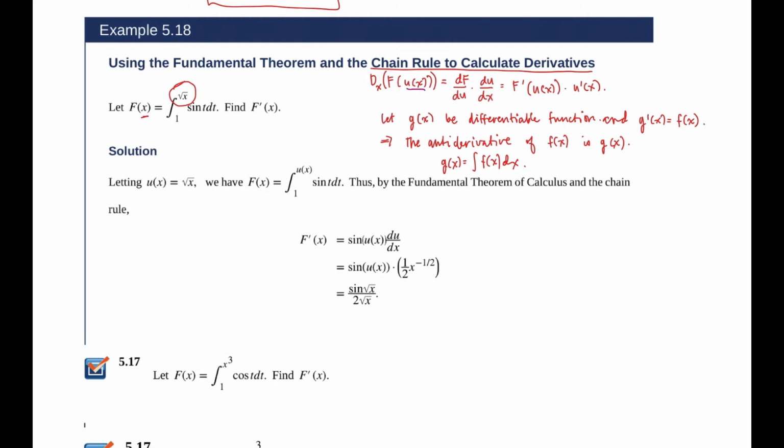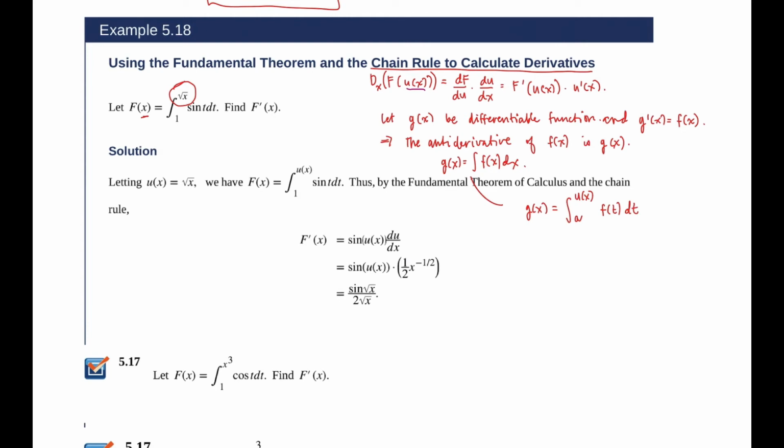So something like that. Okay, this is with respect to some constants. So now, when we derive this, basically, if I have g of x equal to, let's say, the definite integral from a to u of x of f of t dt.